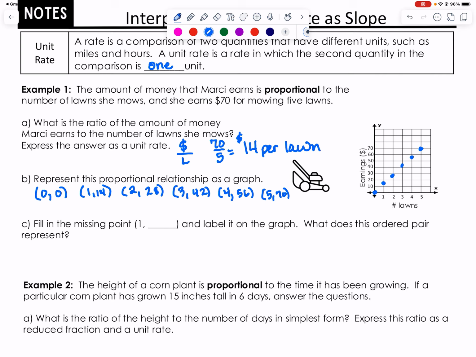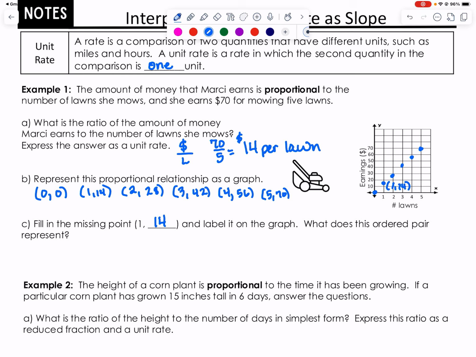Problem C, fill in the missing point, 1 comma blank, and label it on the graph. What does this ordered pair represent? So 1 comma, we already answered this question basically, 1 comma 14. We're supposed to label it on the graph, so this would be 1 comma 14.